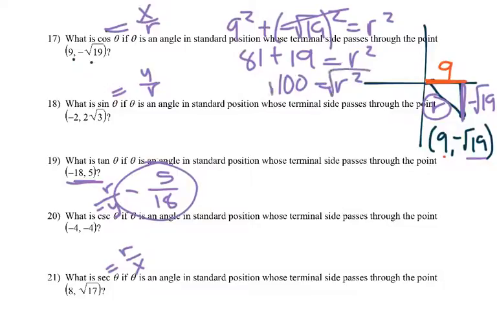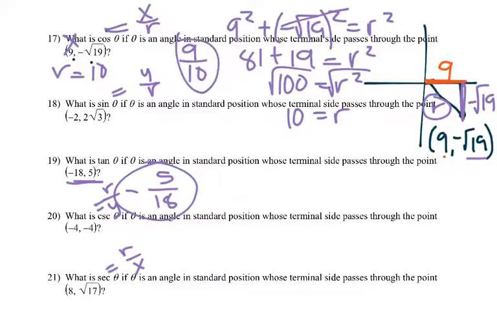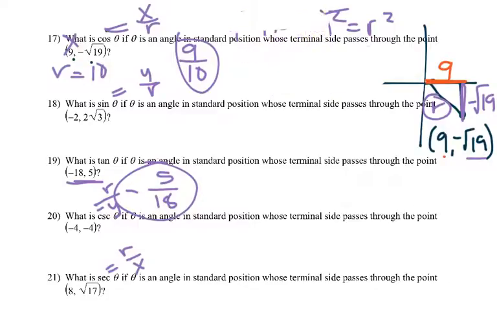Take the square root of it, and it's 10. So if r is 10 and x is 9, we would go 9 over 10 for our answer, for number 17. Okay? Then we do that whole process over for every piece that we need.